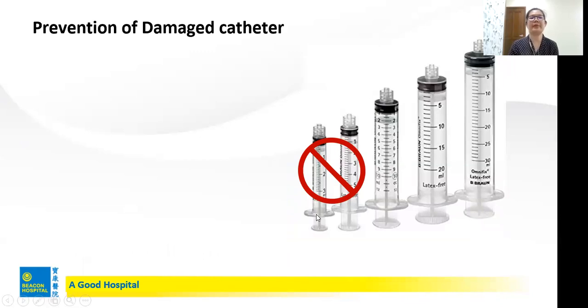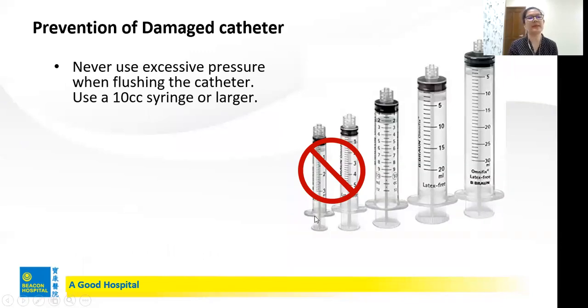Other tips to prevent damage of the catheter: never use excessive pressure or force when you flush the catheter. If you find resistance, do not force and squeeze or push in whatever saline is in the syringe, because you are ballooning your catheter. When you push it in, it's like ballooning and it can burst and crack the catheter, okay?